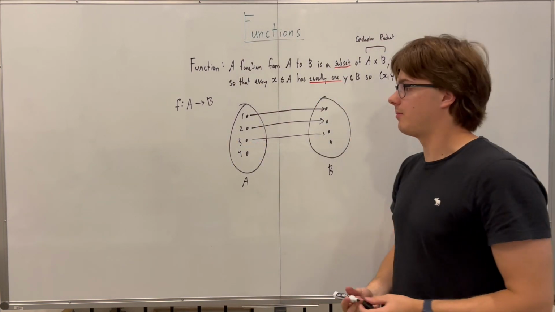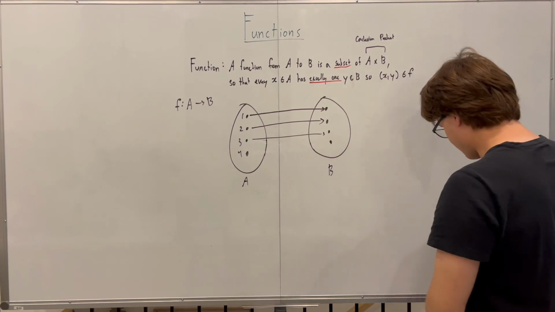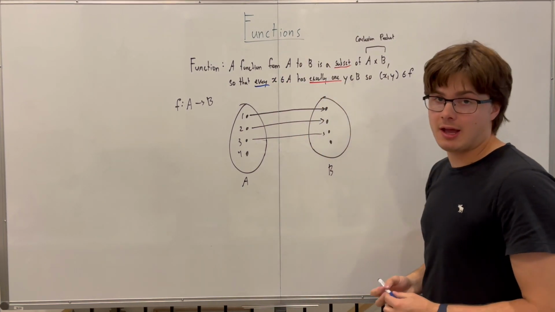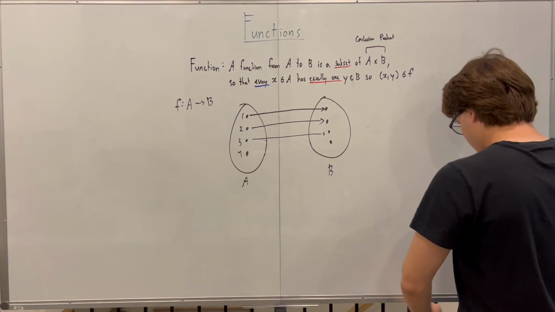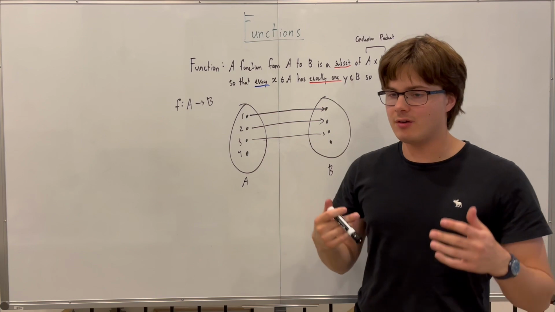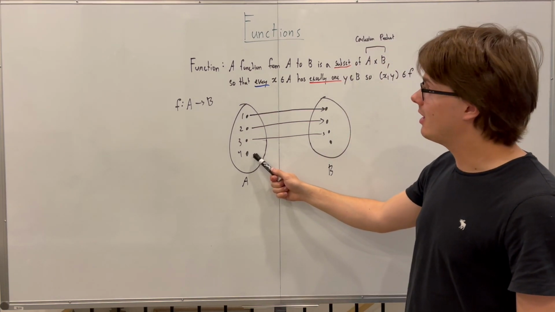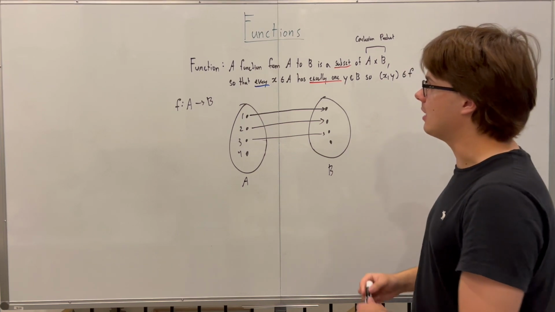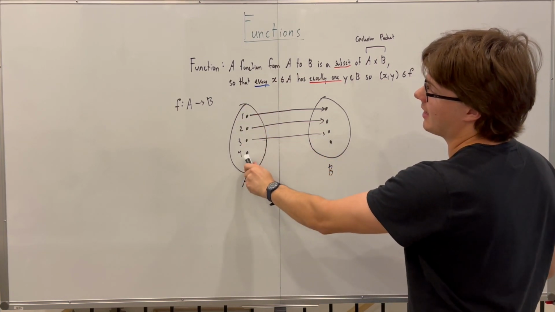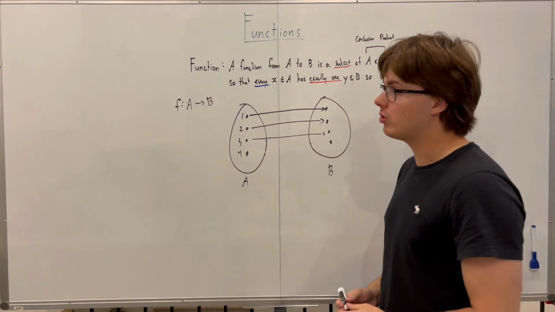If you drew something like this, where you don't break this rule, but what you end up breaking is this other rule that we have to have, every x in A. So this is also not a function because even though the elements have no more than one arrow, one of the elements in A does not have a pair in B, which is not correct for our definition of a function. We're saying everything in A has to have an arrow. So in this case, this is also not a function.